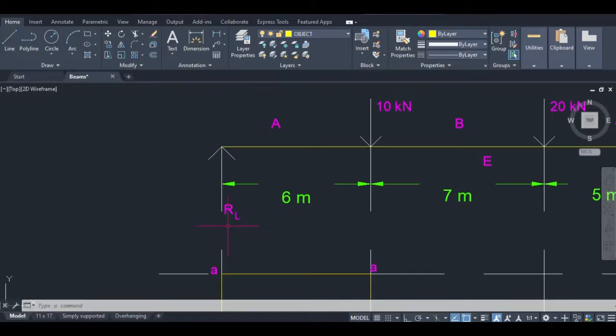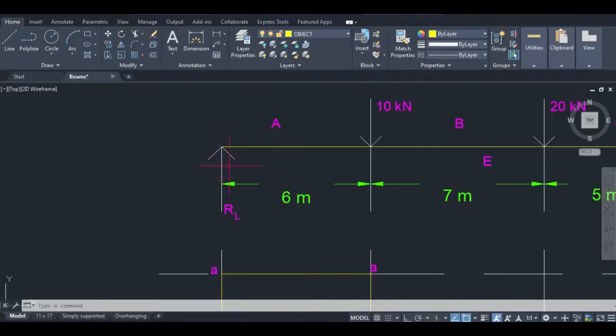When we take moments at the reaction, the moment of that reaction now becomes 0. And let's say you had another force that was here, the moment of that would also be 0. And here's a simple reason why. No matter if this load is 1,000, we're assuming this is where it's hinged.